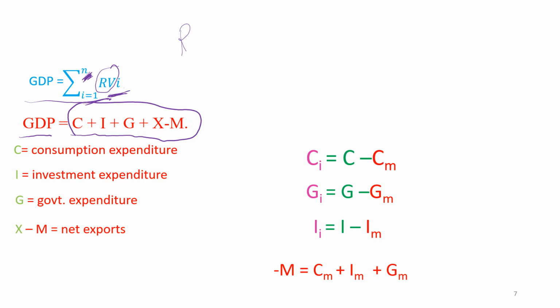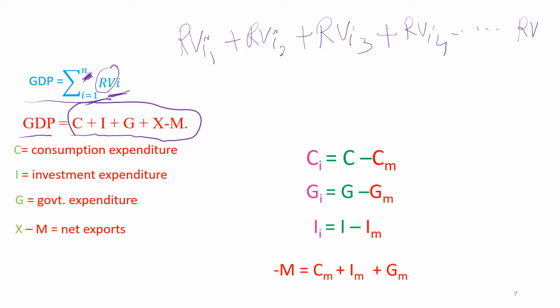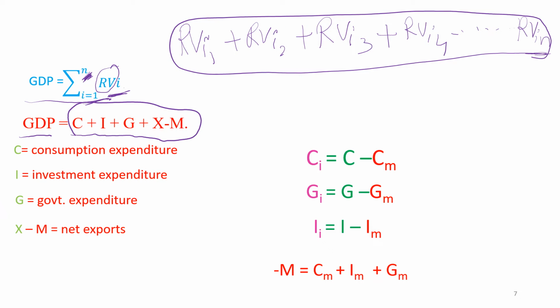So all the revenues, that is revenue received by the first firm plus revenue received by the second firm, and the third one is revenue received by the third firm, and the fourth one, like this, it will go up to i equal to N. So this is denoted in the form of sigma i equal to 1 to N RVi.